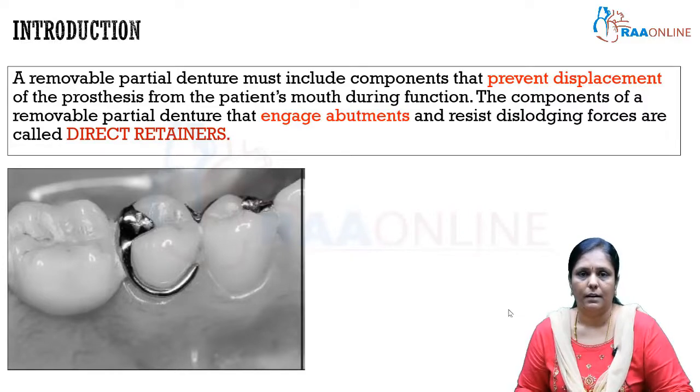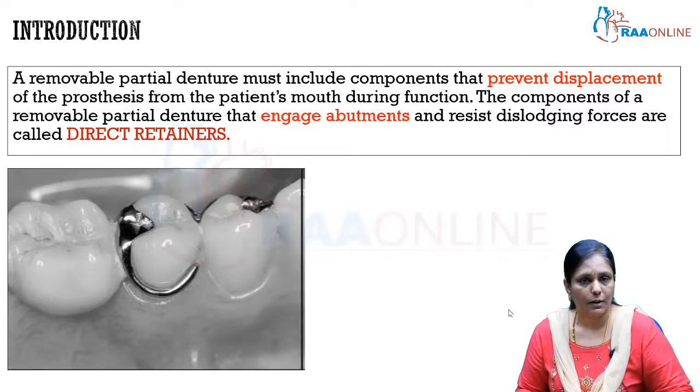So today this discussion is going to throw light on the important concepts of direct retention and what a direct retainer should possess to function in a way that resists the dislodging forces acting on a removable partial denture.